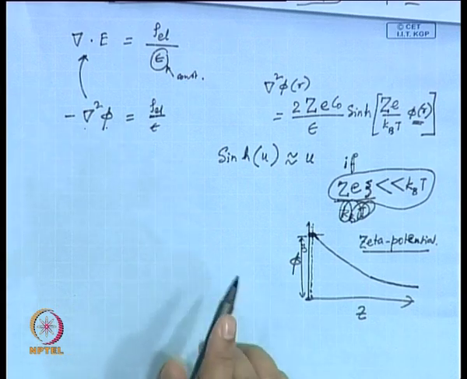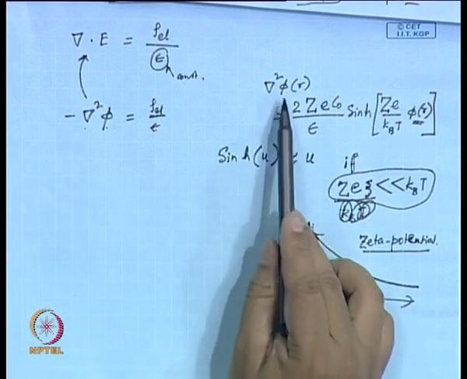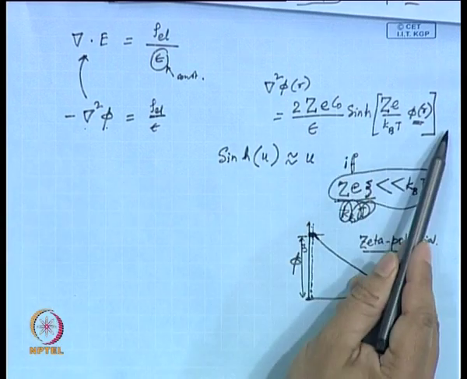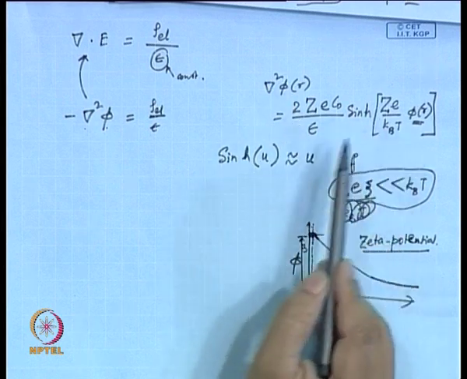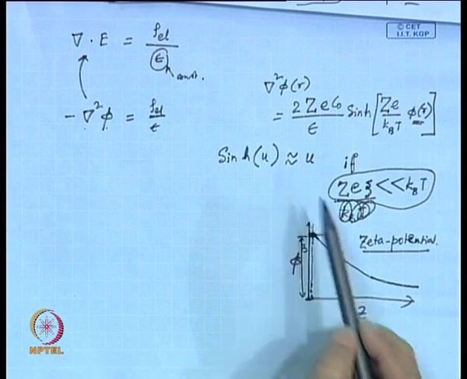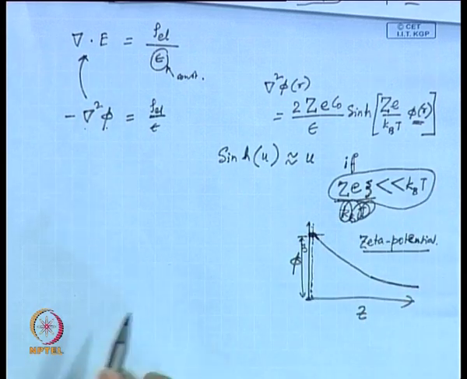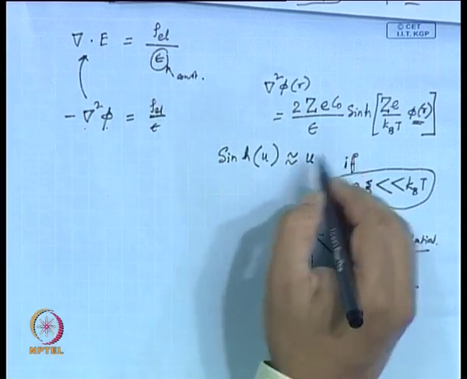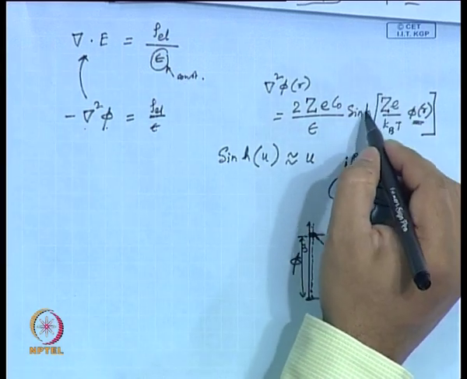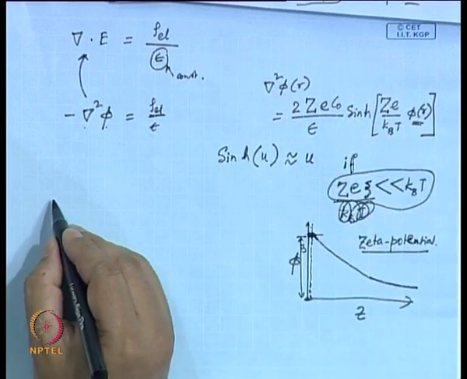So for that, now we have del square phi equal to minus rho E L by epsilon, and del square phi can be written with the proper expression, the next step would be this, and then sinh u can be approximated as u if this quantity is small. That is what we take. So the sinh would be gone, sinh u would be replaced by u. So what do you get in that case?